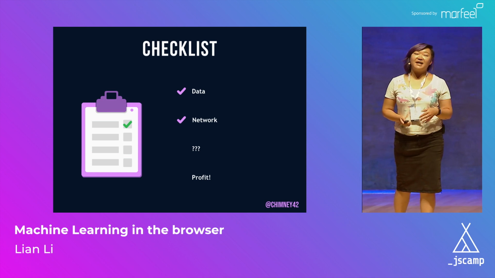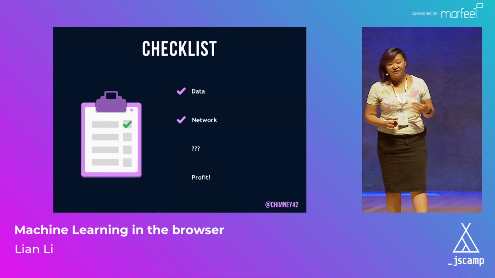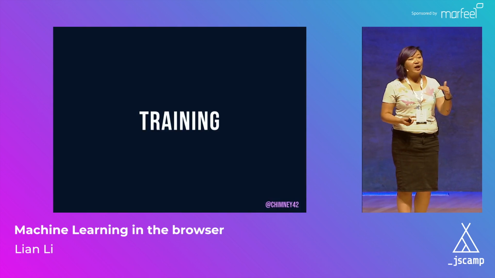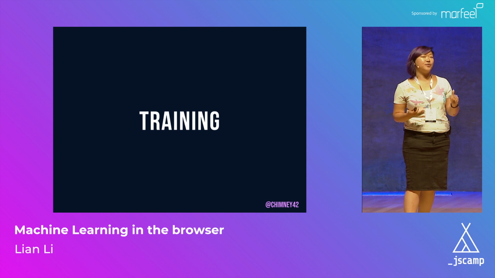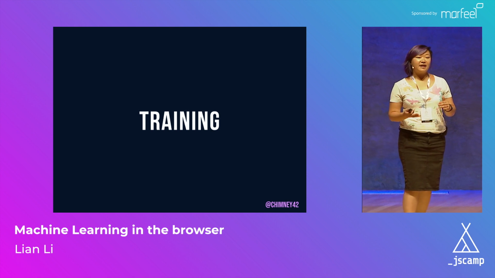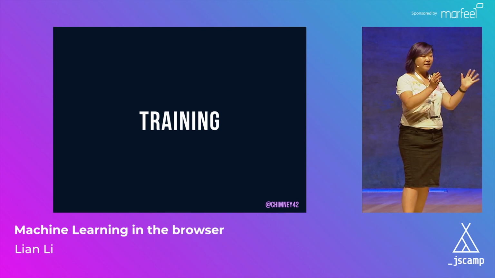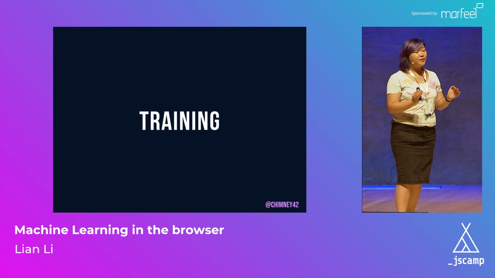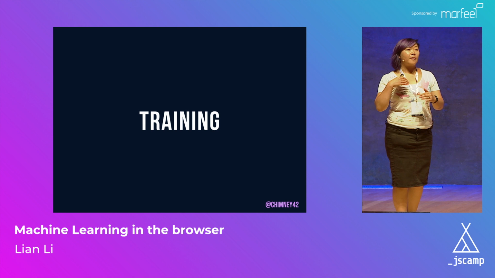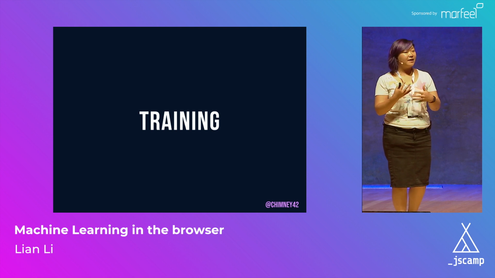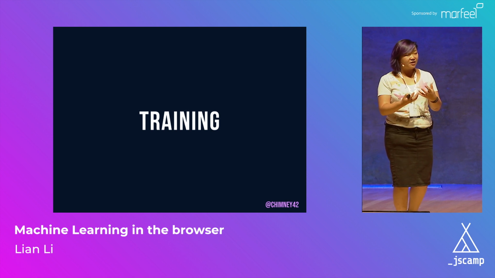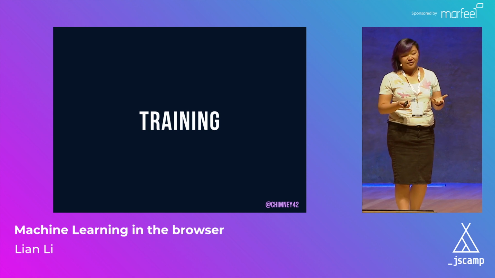And the training might sound complicated at first, but it's really not that complicated if you think about what we're doing here. So we have our data, we have our model, so we can already get a prediction. Now what we want to do is optimize the prediction, change that network in a way that the prediction will get better.